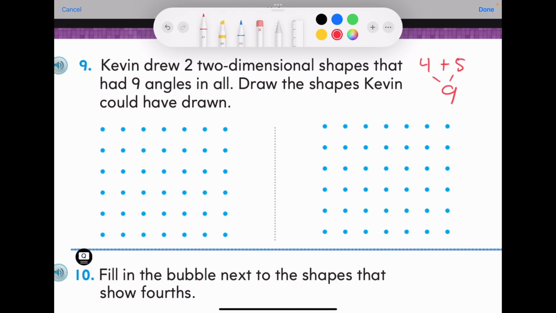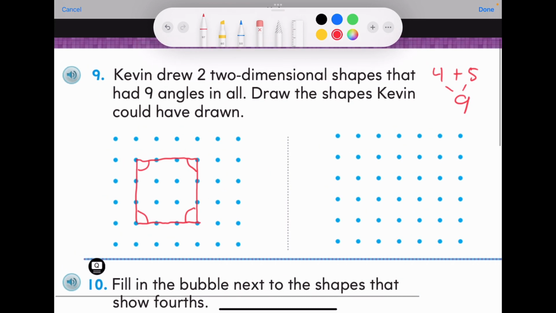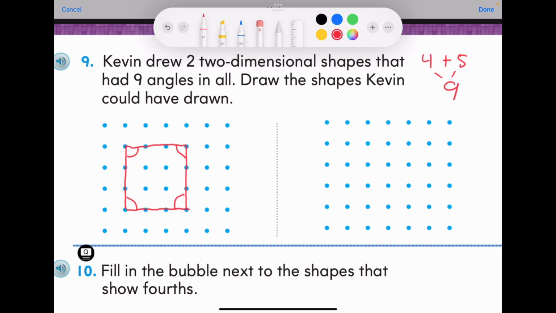Well, a square would, and a square has all equal sides. So I'm going to have 4 dots. So that's my square. And here are my angles in each of these corners. That's 4 angles. So a pentagon has 5 vertices. So I know that it would have to have 5 angles.